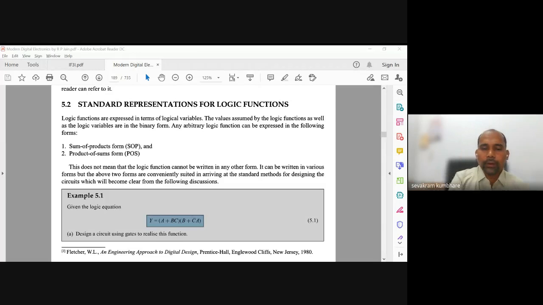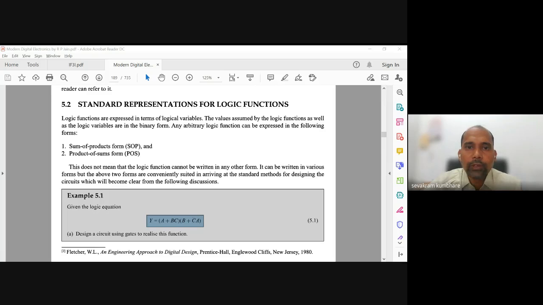Okay, there are two forms. One is sum of product and second one is product of sum. So when I say sum of product, it means first of all we need to take product and later on we need to take sum of that.